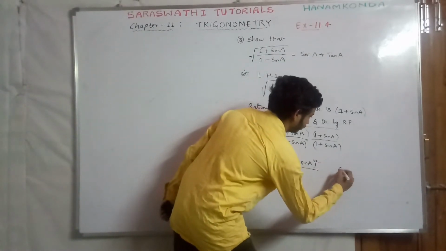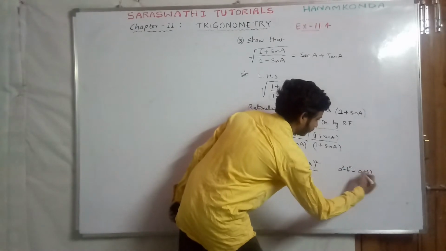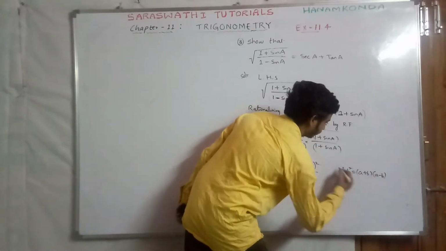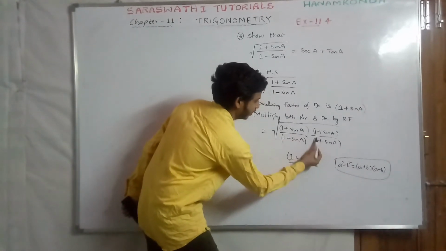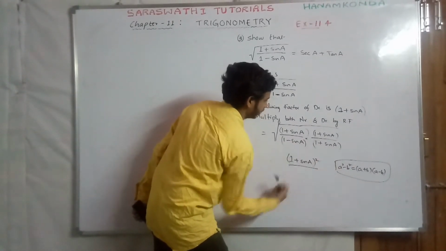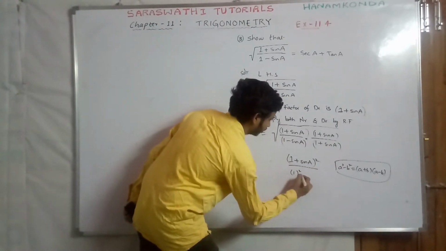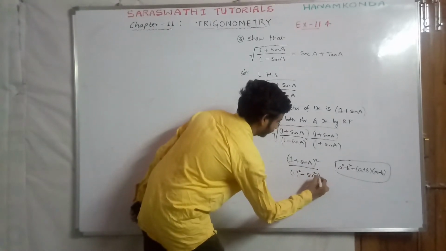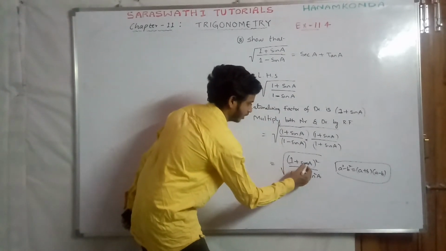Here a is 1 and b is sin a, so we can write it as 1 square minus sin square a.